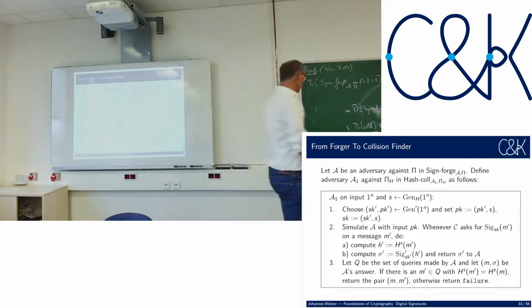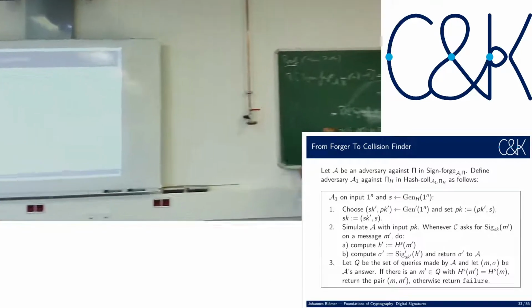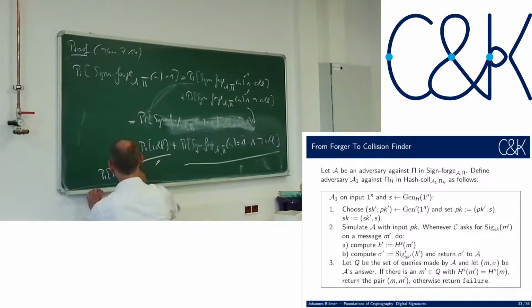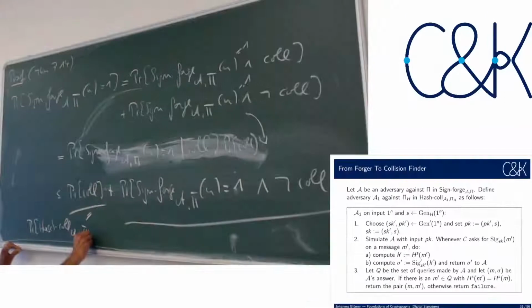So this here really is the probability that hash collision A1 against pi H of n is 1. If this has found a collision somewhere, we're done.